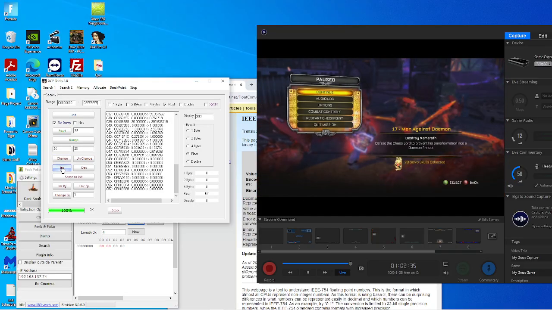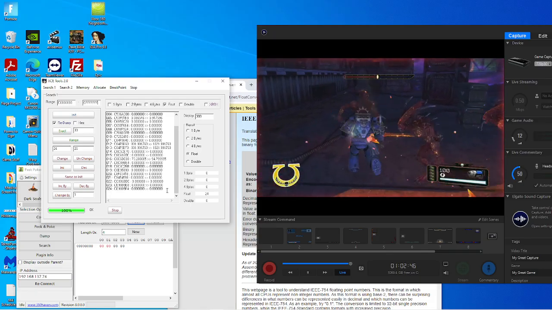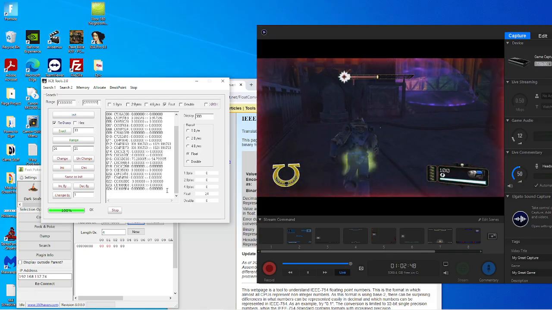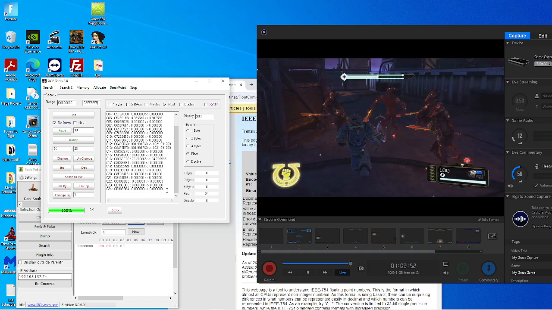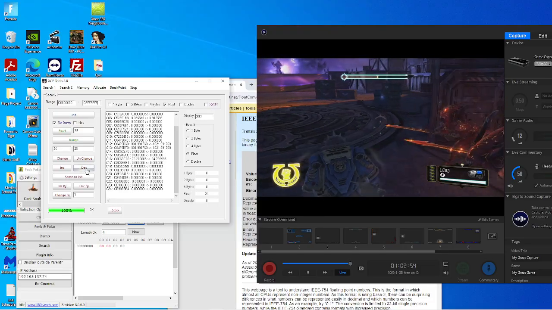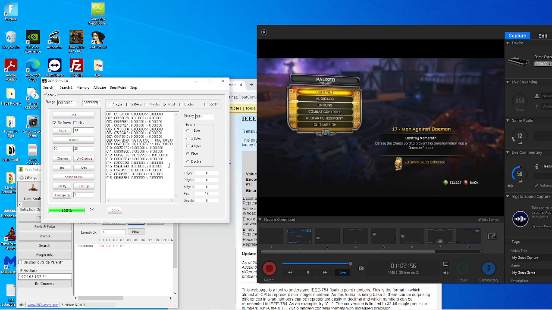Okay, it has since increased. I don't know why it's keeping those zeros, but it is. Okay, there we go. We've maxed out our counter. Let's increase it one more time.